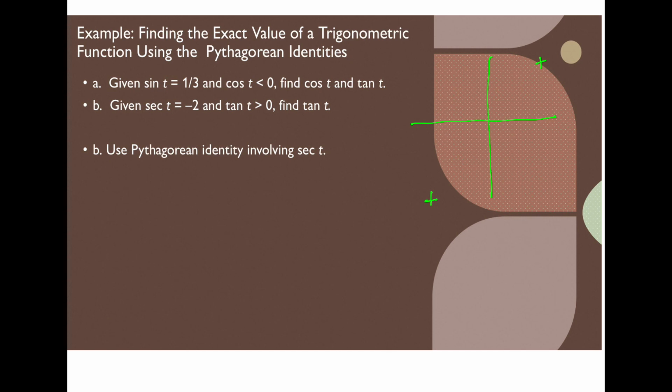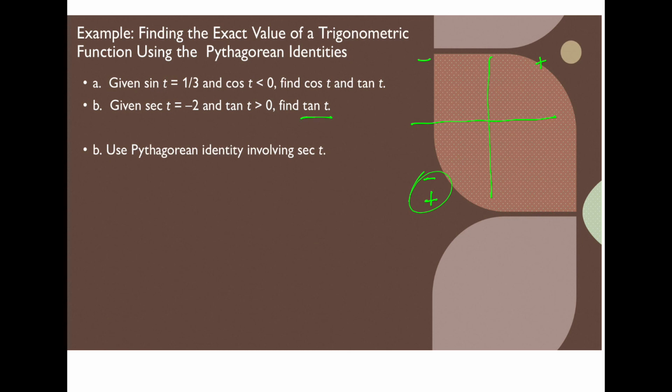And secant is negative. Secant has to do with cosine. Cosine is negative here and here. So that tells me my angle t has to be in the third quadrant. That's just going to help us if we have to find something that isn't listed, but here they just want us to find the tan of t.